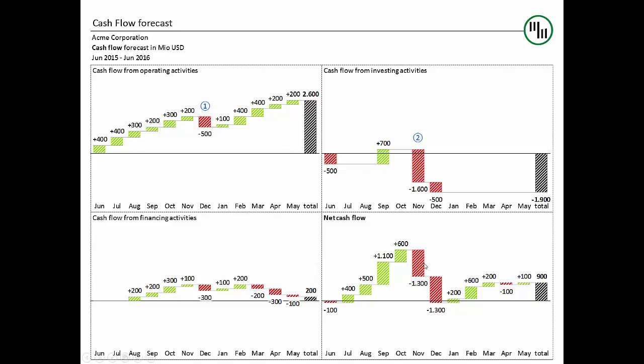So for example, here I see that I have positive net cash flow at the beginning, but then in November and December I have negative cash flow. So I will actually arrive into a negative balance here, and I can also understand why, because immediately up here I see that we plan a certain investment.